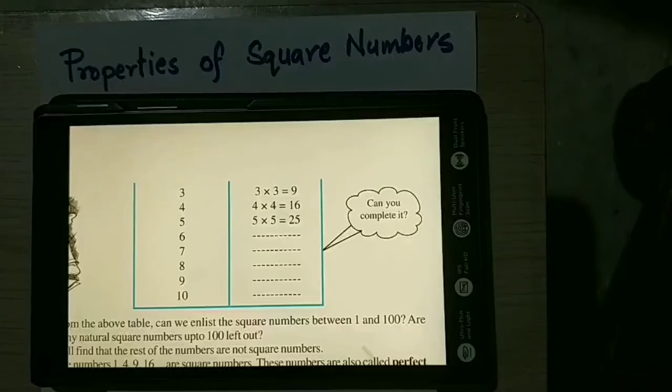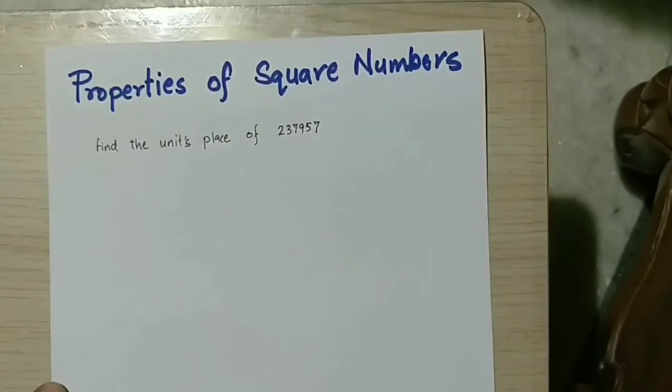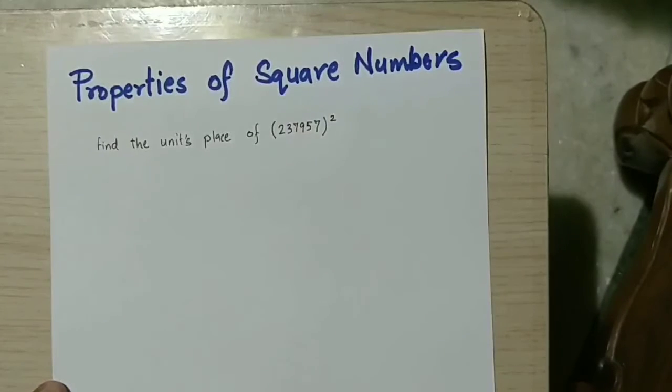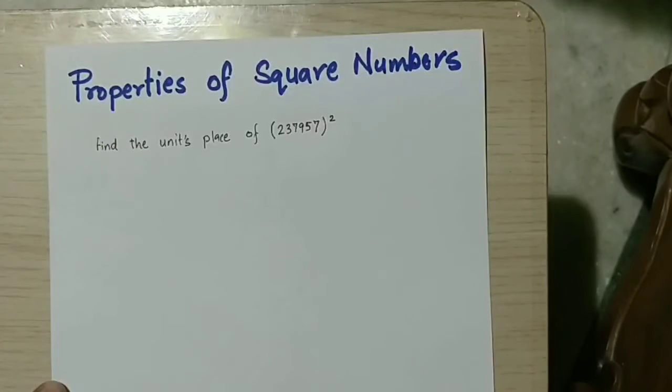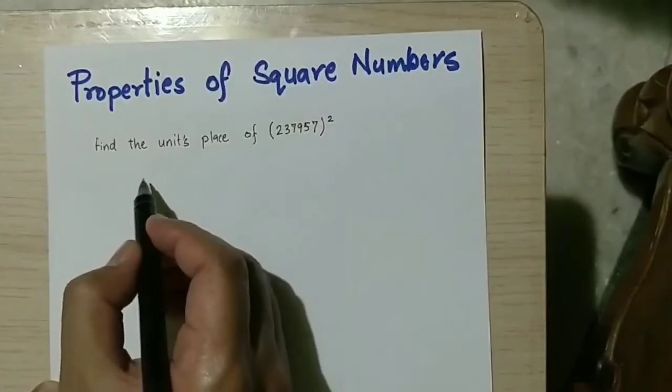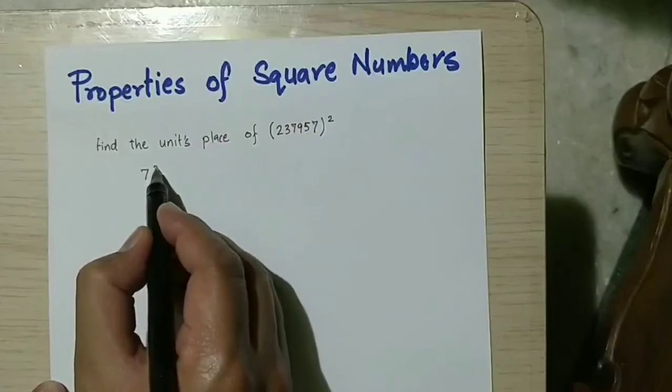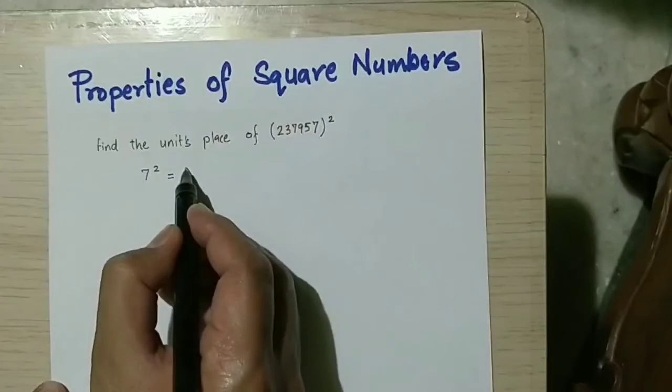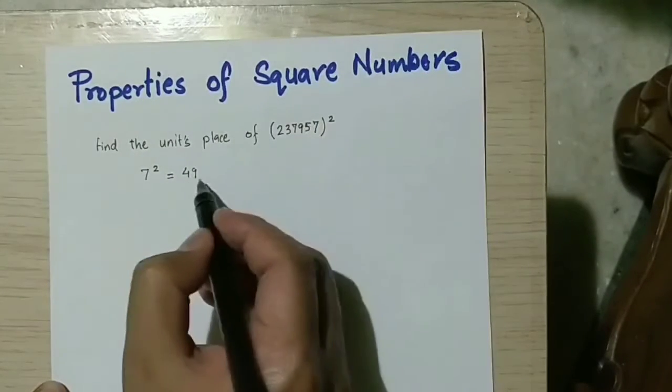For example, if you want to know the unit place of the square of 2,37,957, then you simply have to square 7. Here 7 square is equal to 49.